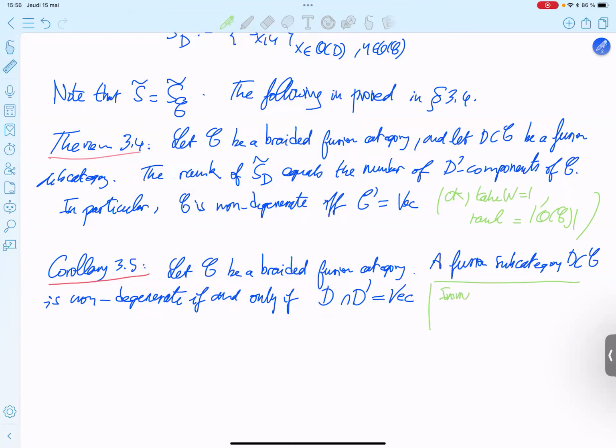Immediate from the last sentence of theorem 3.5.4, the previous theorem.